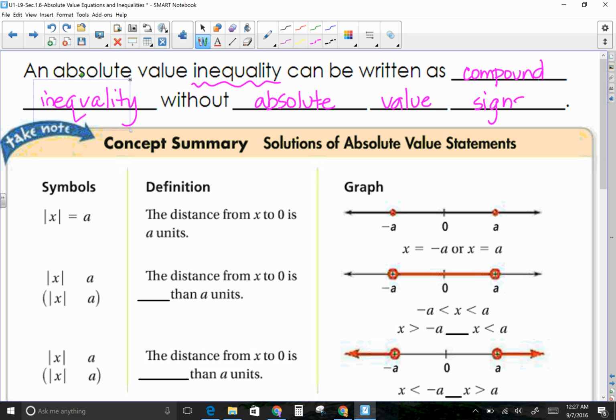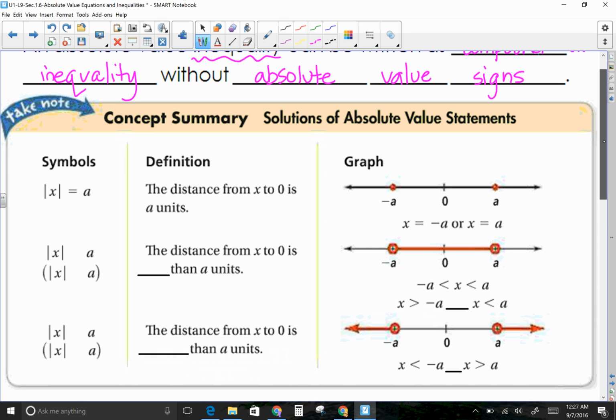All right? Now, if you remember the last time that we met, we talked about what a compound inequality was. It was two inequalities joined by the word and or or.